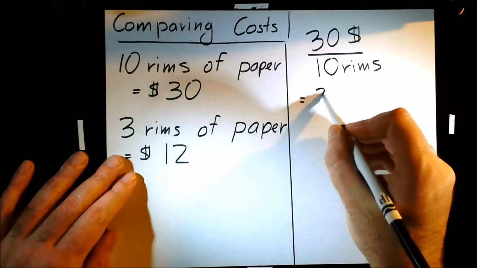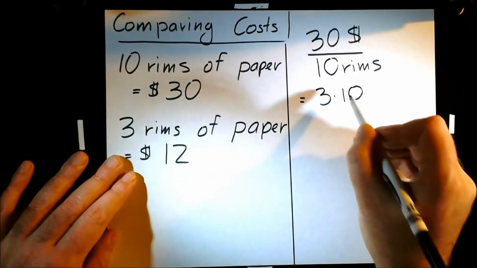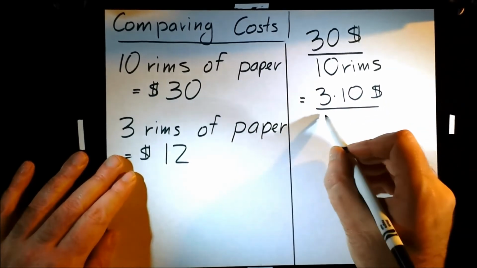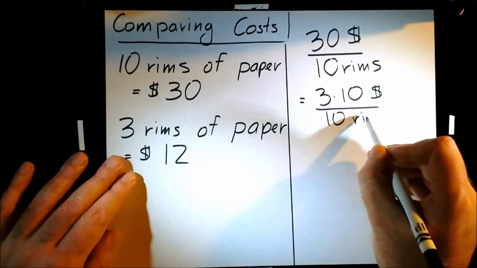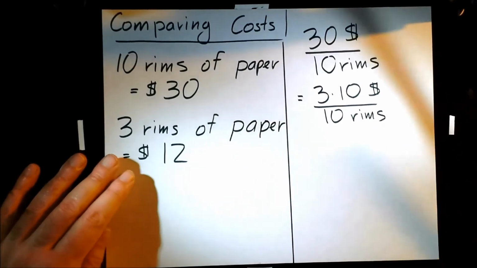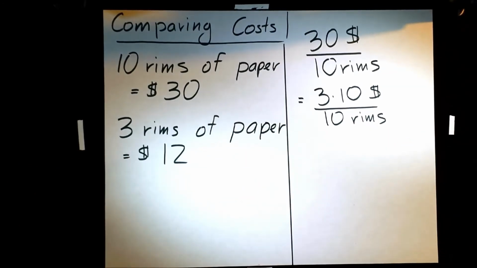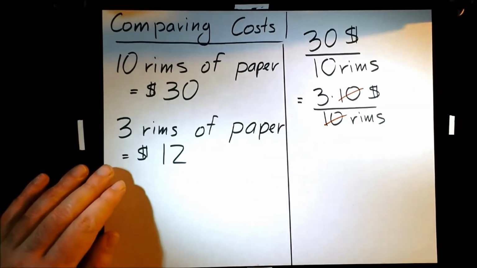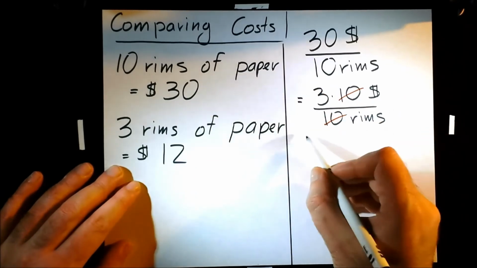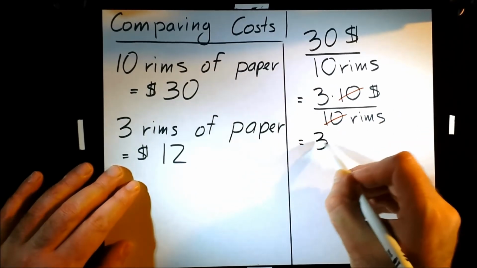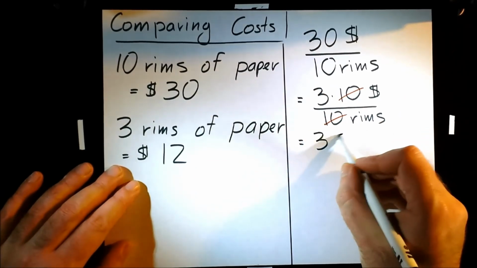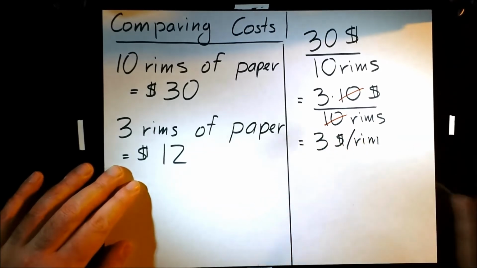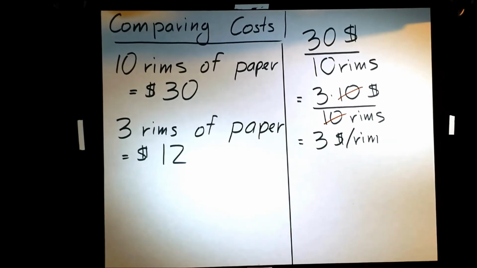Yeah, I can write 30 as 3 times 10. Can I cancel something? The tens. So the first one is $3 per ream. So that's my very first unit rate.